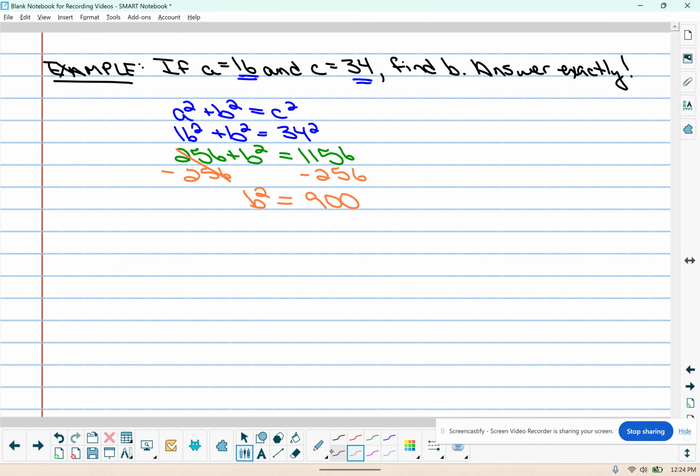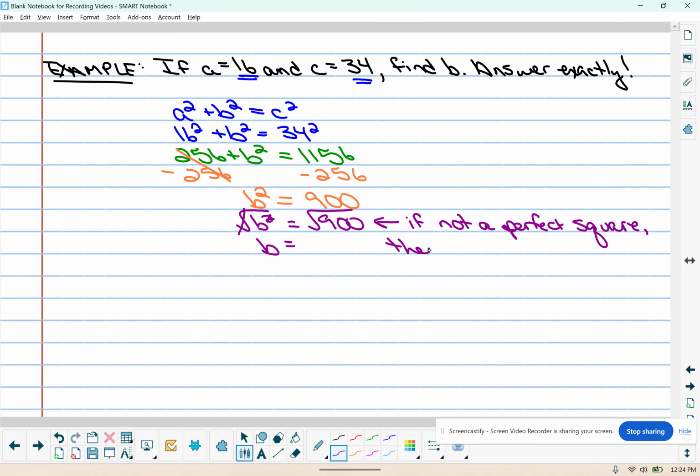Remember that to get the answer to these, you're going to take the square root of B squared to get B, right? Because this will cancel this. And I'm going to take the square root in order to get my answer. Well, if this is not a perfect square, then make sure you reduce the radical.